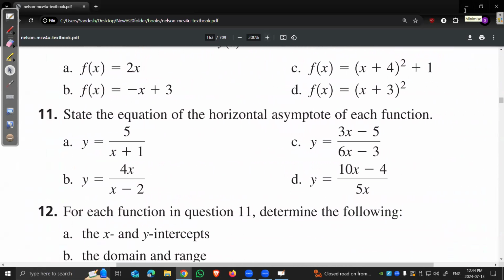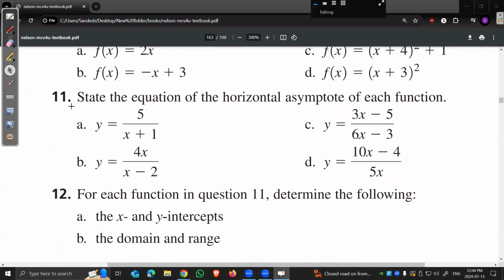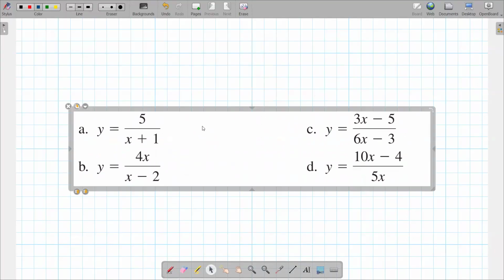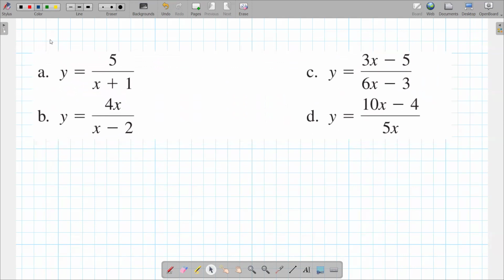State the equation of the horizontal asymptote of each function. Again, I'll give you the guideline, and you may have to memorize this for horizontal asymptotes. If the degree in the numerator is equal to the degree in the denominator, then you take the leading coefficient of the numerator over the leading coefficient of the denominator.